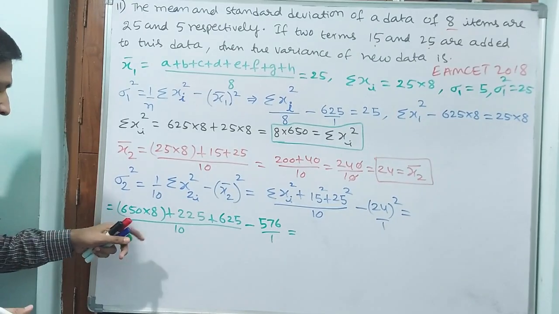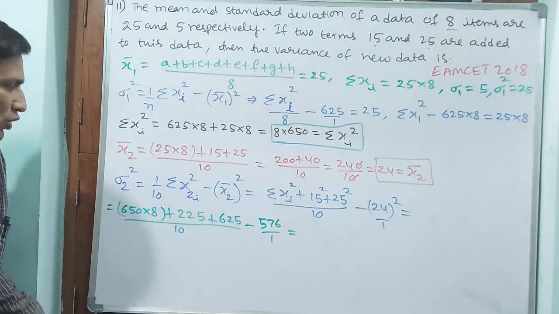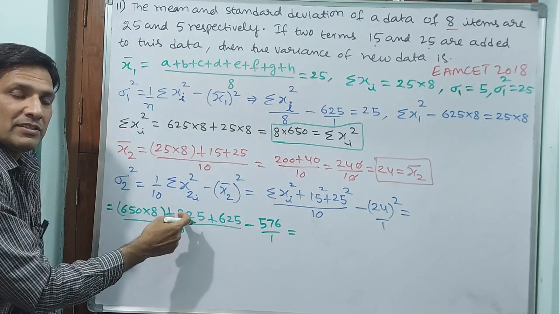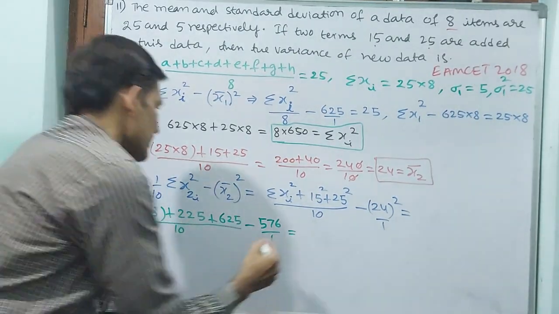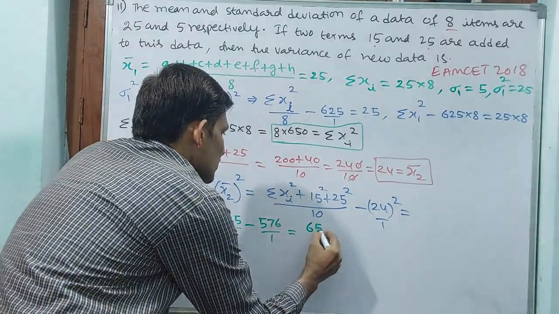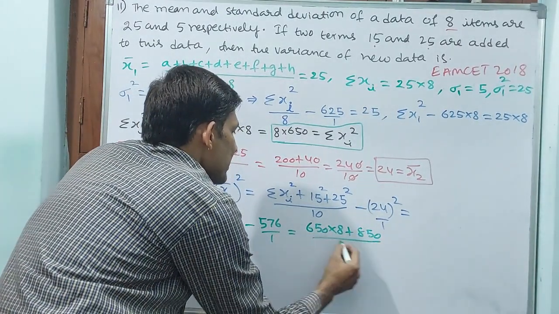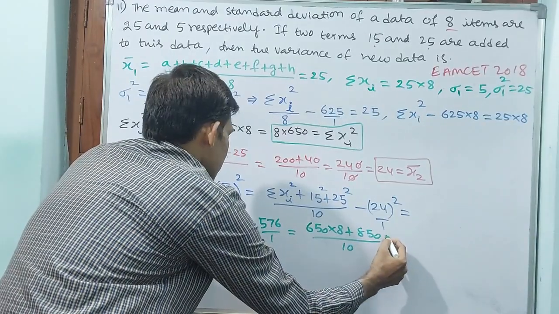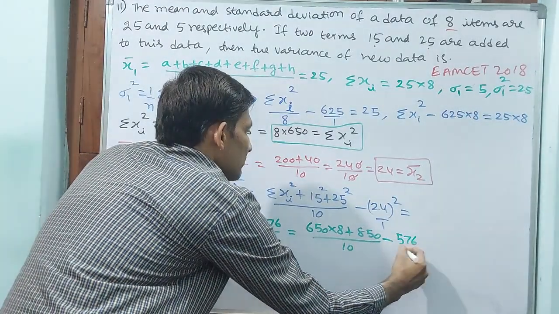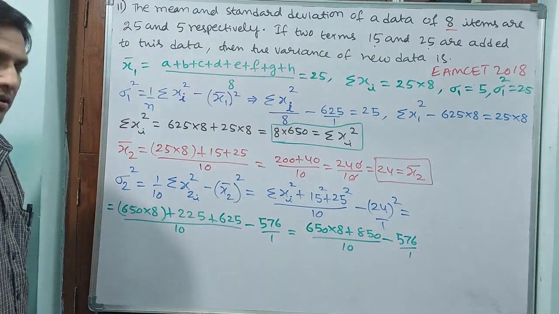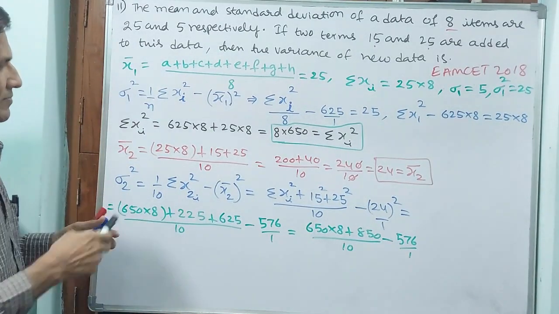Okay, you see, first you add these two. 625 plus 25, 650. 650 plus 200, 850. Okay, 650 into 8 plus 850 divided by 10 minus 576 by 1. Okay, let us proceed.